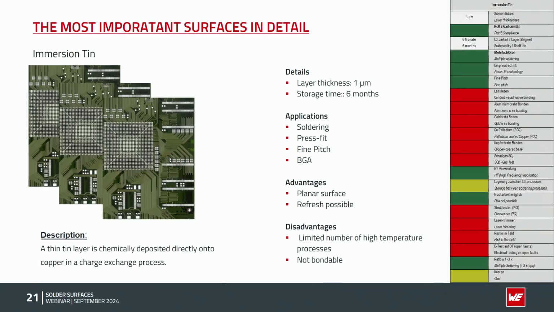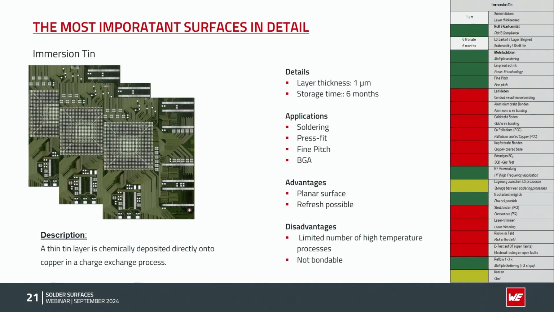Okay, let's have a look at immersion tin. Again, this is tin, but not applied by dipping into liquid solder, but done in a chemical process, immersion tin. So the thickness is smaller than with hot air solder leveling. We have roughly 1 micron. The storage time is reduced to around 6 months.